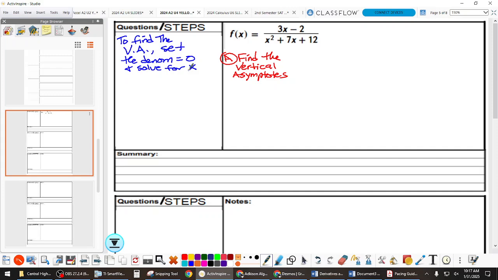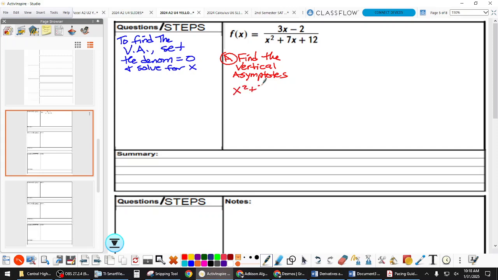Like that could be a cubic function. What if it was a 4th degree? And we're back to the last unit doing rational root theorem to find our asymptotes. That'd be a lot of work, right? Now, that's not going to happen, but just know that it's fine if it did. It's not something we couldn't do.